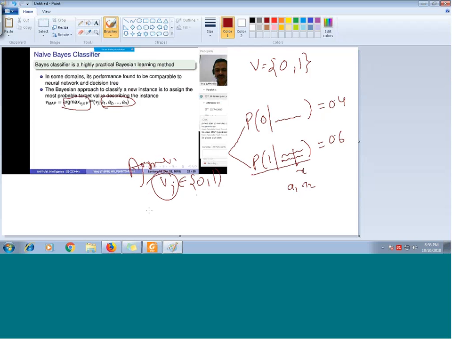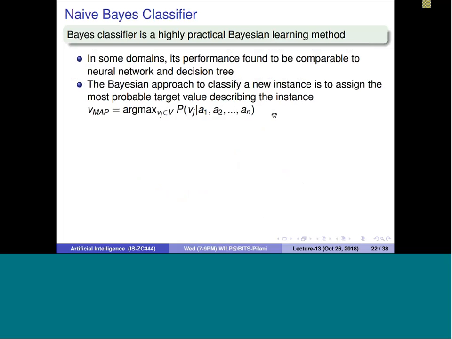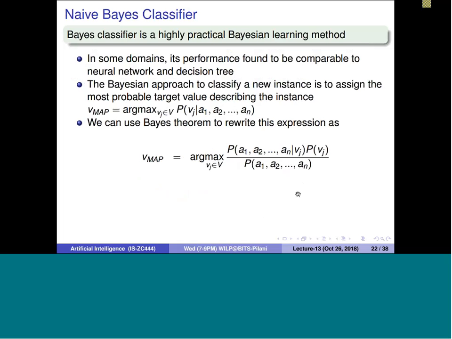That is the classification with the higher probability. This is a very easy formula. All right, you understood that.